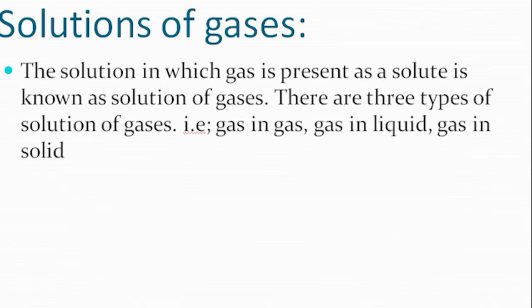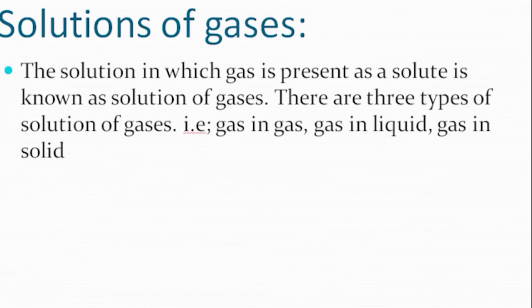The solution in which both the solute and solvent are found in gaseous state are termed as gas and gas solution. For example, air. In air, nitrogen gas is present as a solvent, while carbon dioxide and oxygen are present as solute.